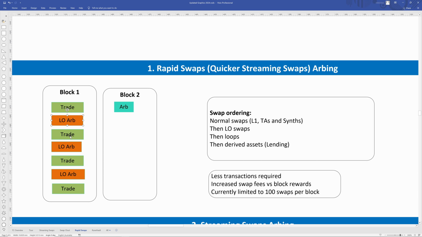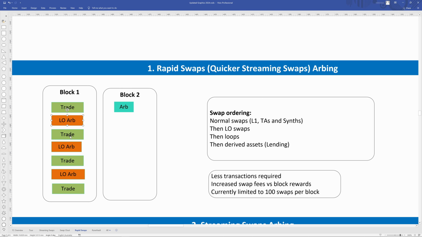And the limit order can either be a normal limit order that a normal person wants, or it could be an arbitrager who's put the limit order in there expecting the pool price to move in that particular direction, so they can automatically arb it and make a profit.